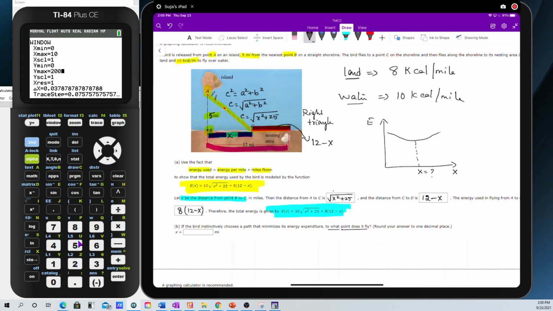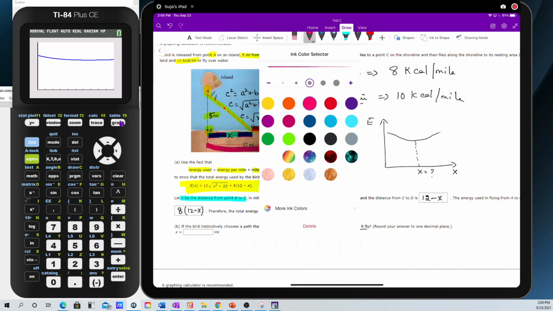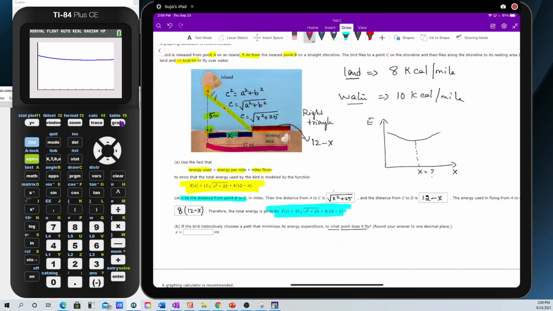Now there's one more thing I didn't mention here, which is the implicit domain of this function. So let me talk about that before finishing up the graph. When I see this function, I definitely know 12 minus x must be greater than 0, right? So in that case, negative x is greater than negative 12, or x is less than 12.